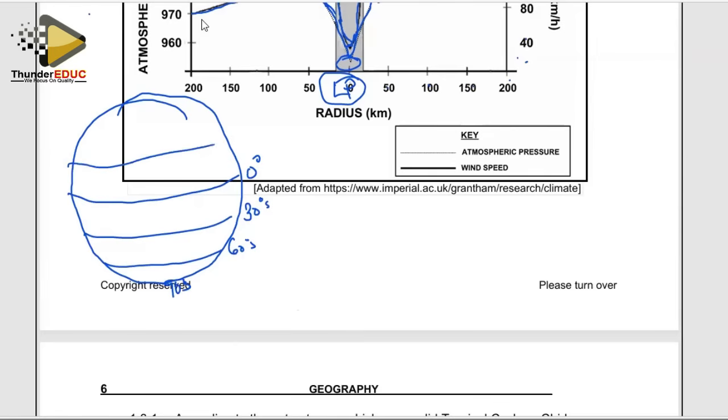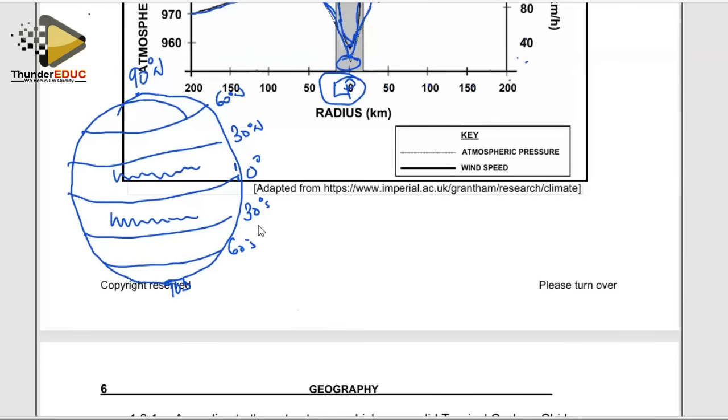Also at 30 to the north, our subtropical north, 60 degrees to the north, our subpolar north, and at 90 our polar north. Tropical cyclones exist within this region and this region. Remember, they don't effectively form within 0 to 5 degrees of the equator. Why? Because of the limitation of Coriolis force. They form from 5 degrees onwards.